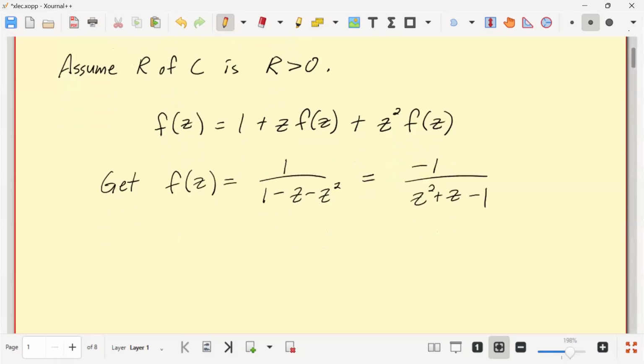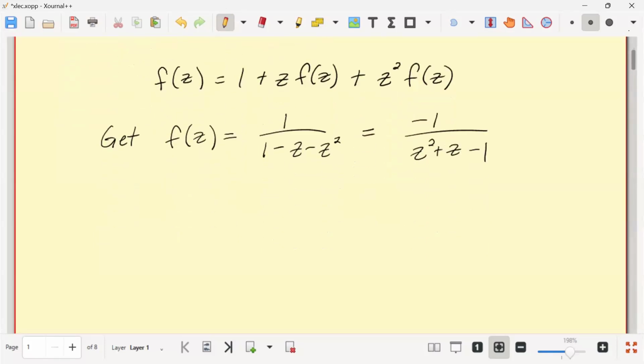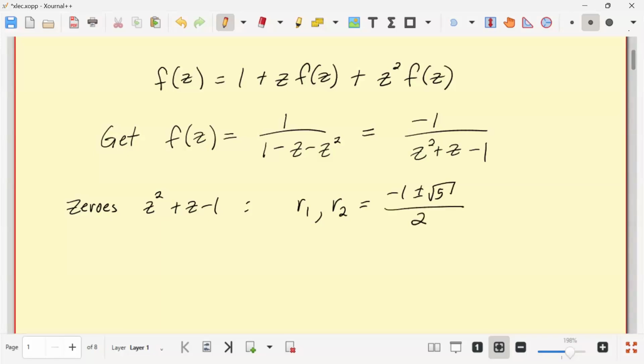And the fascinating thing about that denominator is that the zeros are famous numbers that come up in talking about the golden ratio. The zeros of z squared plus z minus 1 are, let's say, R1 and R2 equals minus 1 plus or minus the square root of 5 over 2 when you do the quadratic formula.